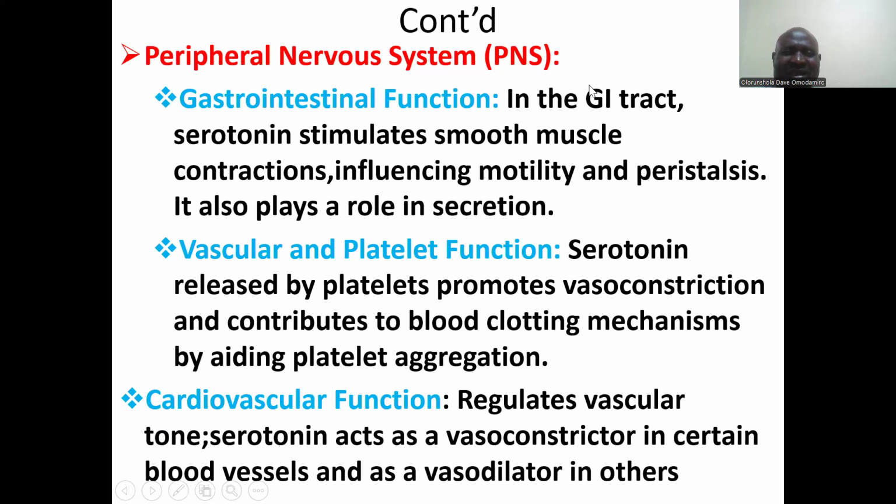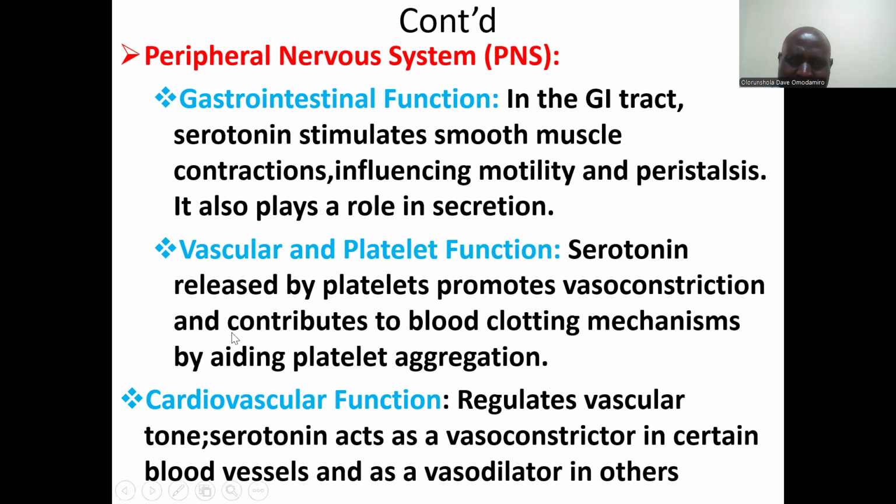Serotonin stimulates smooth muscle contraction and therefore influences motility and peristalsis. It also plays a role in GIT secretion.